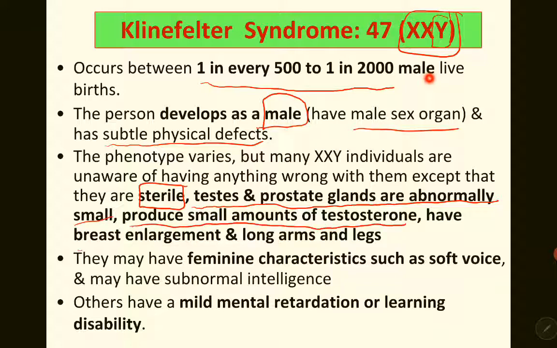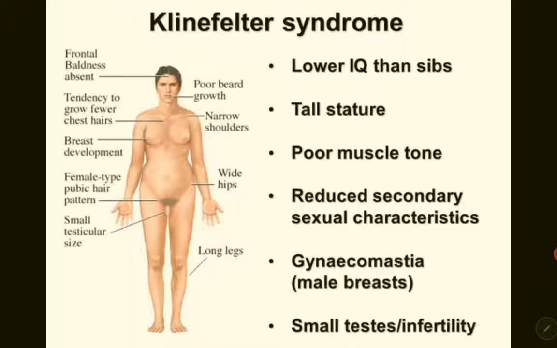So they have breast enlargement just like females, and usually they have long arms and legs. They may have some feminine characteristics such as a soft voice, and they may have subnormal intelligence. Others have mild mental retardation or learning disabilities. Okay, so for example, a Klinefelter syndrome patient has breast development just like a female.